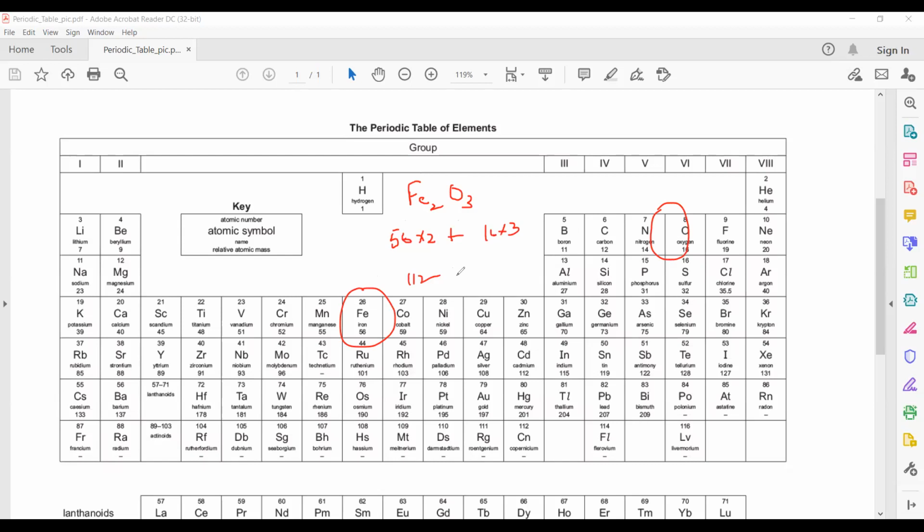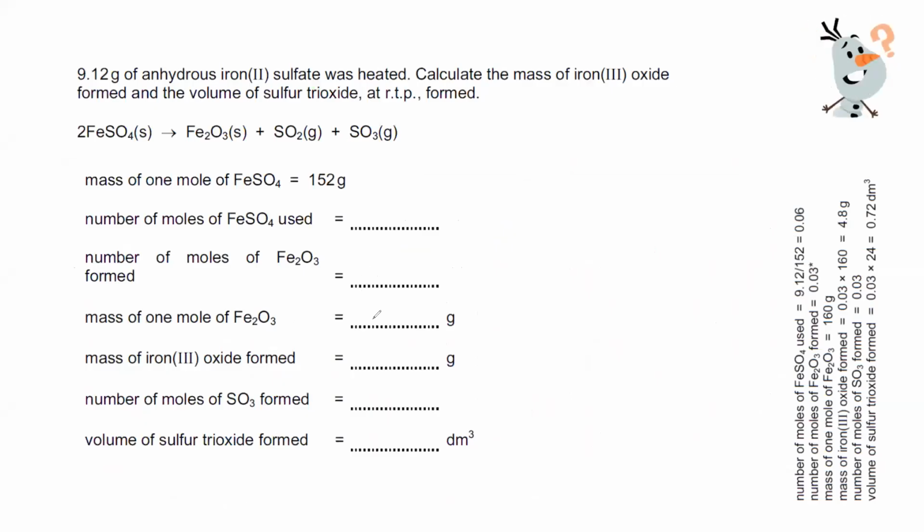So that is 112 and that was 48. We already did this in the previous part, that was 160. So the molar mass or mass of 1 mole will be 160. This was 0.03 and this was 0.06. So we use a formula and ratio, and for this part we use a periodic table.